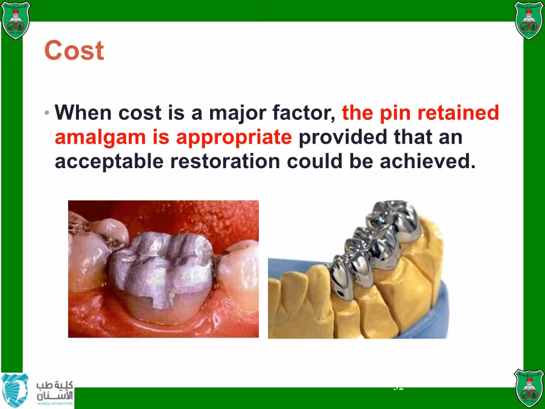If you can build all the cusps and retain the normal anatomy to be functional and aesthetic for the patient, then you can use amalgam and it's cheaper and it's a good choice for the patient. However, if you don't have those skills to retain the tooth to the normal shape and you need to place an indirect restoration, you should consider the cost and tell the patient about the cost of the final restoration.